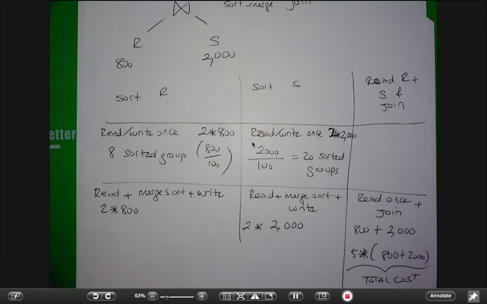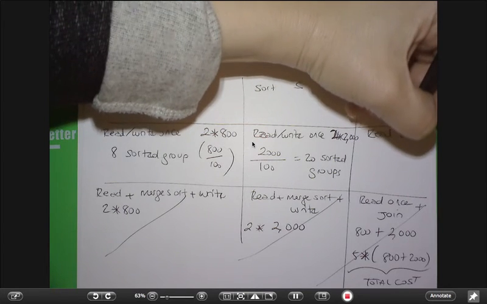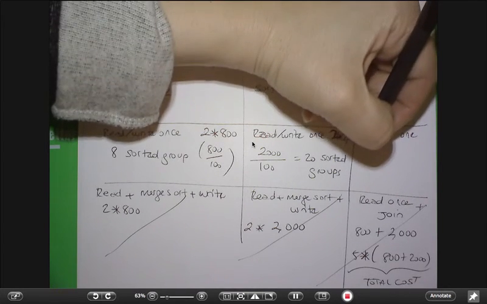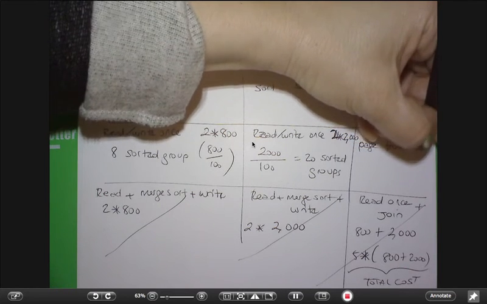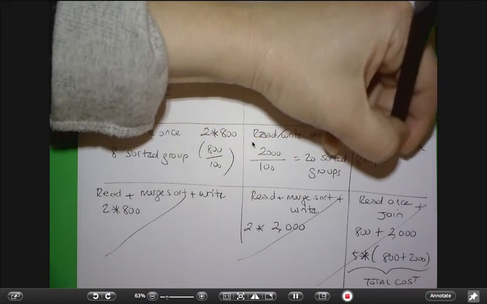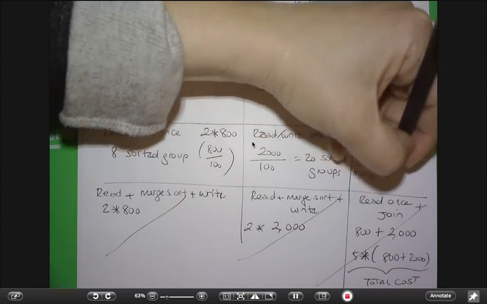That means I can use this information by just reading them once to do the join. So in fact, I don't need to do these extra steps. I can simply read 1 page from each group, sort, merge, and join.